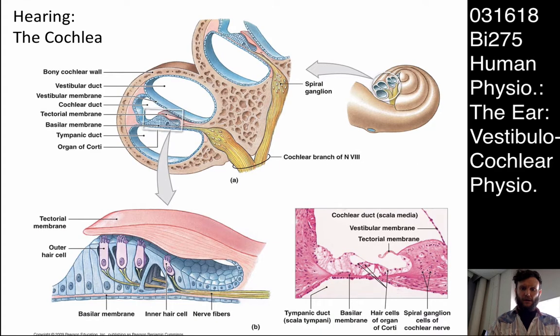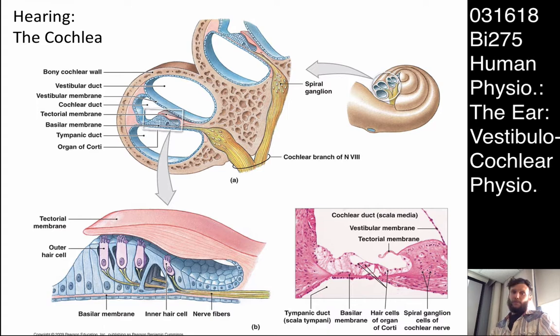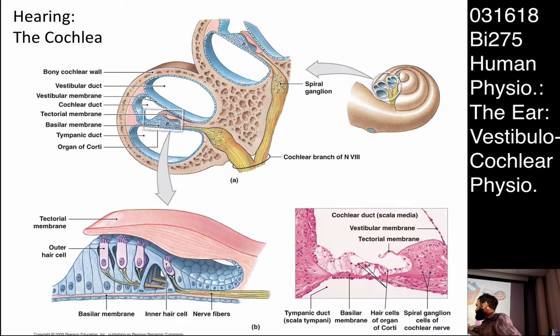Taking a closer look at a simple cross-section of a single turn of the cochlea, we can see the vestibular duct on top, the tympanic duct on the bottom, the two bony parts of the bony labyrinth, and then the cochlear duct wedged in between, which is part of the membranous labyrinth. And in the inset that's pulled out, we have the organ of Corti.